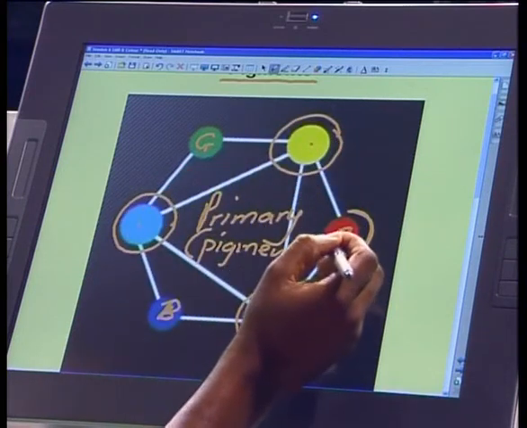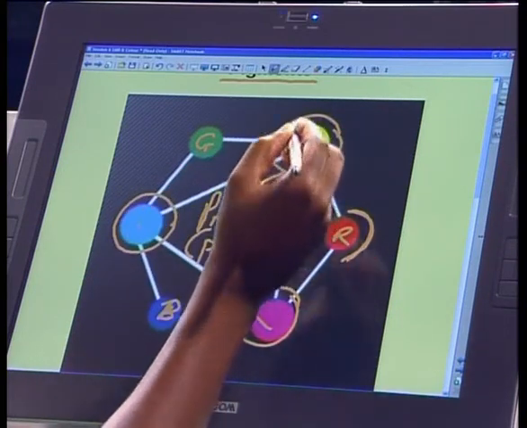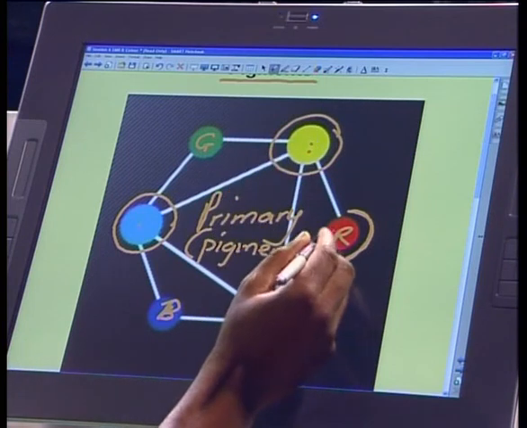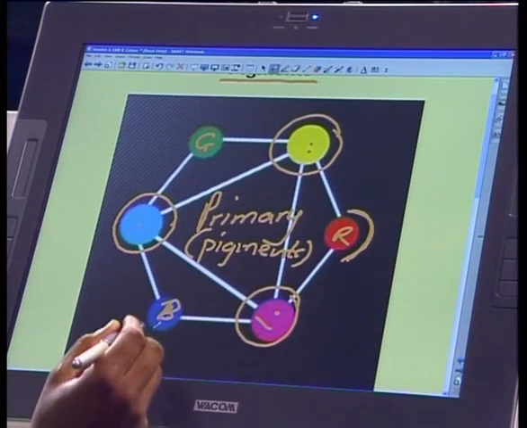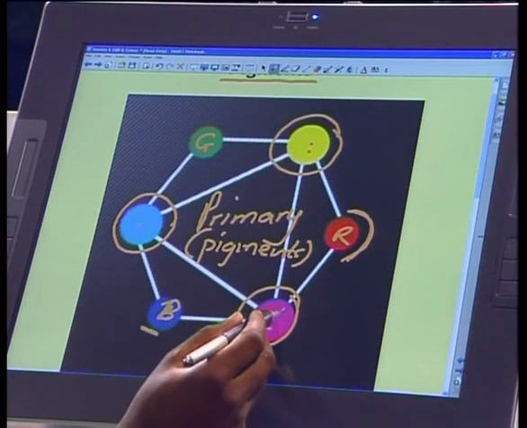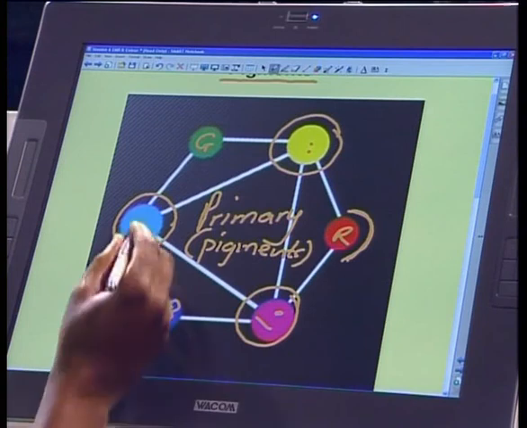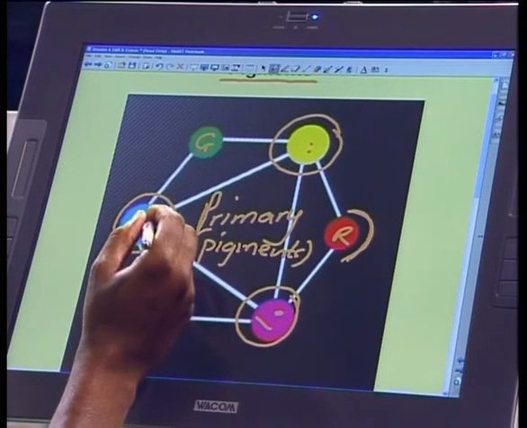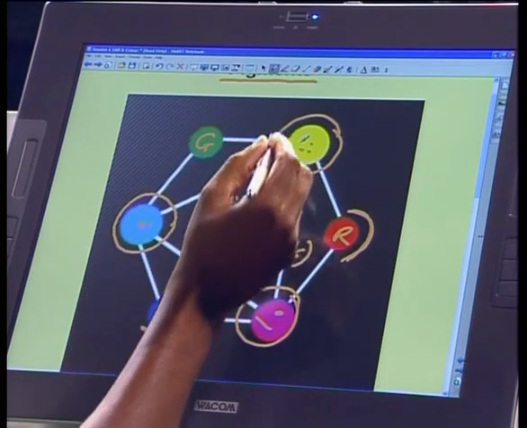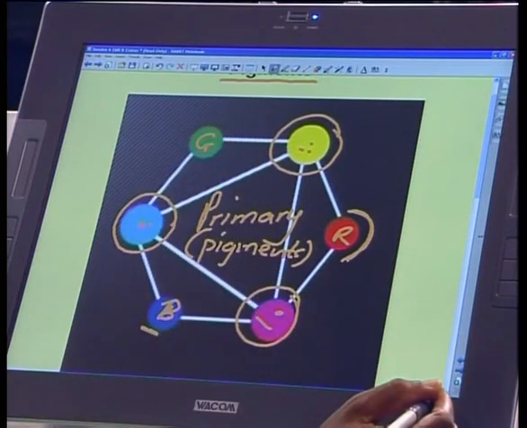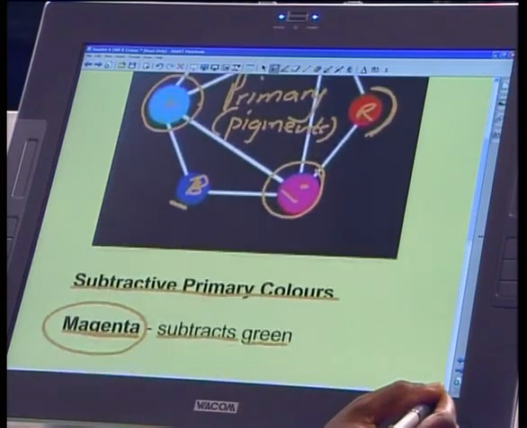If we want to have a red color, we're going to add yellow to magenta, so we get red. If we want a blue color, we're going to add magenta and cyan. If we want a green color, we're going to add cyan and yellow. Then we have that. That's how it works for pigments.